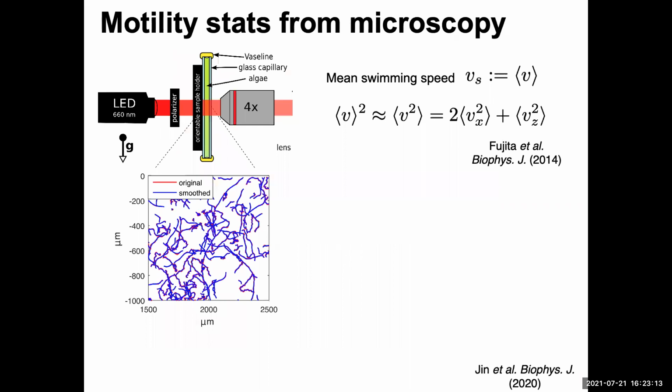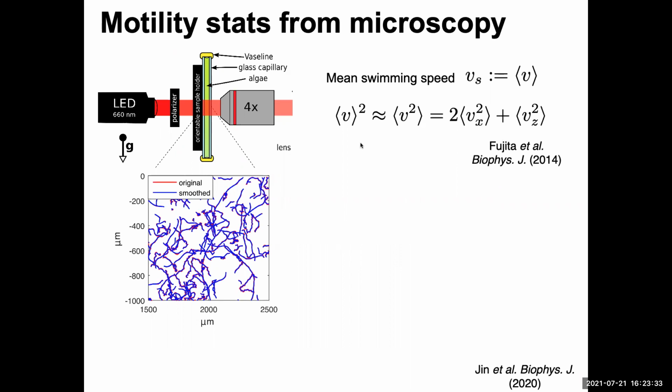So the motility statistics were acquired by using tracking microscopy. We didn't use differential dynamic microscopy or holographic microscopy, or one of these 3D techniques, for historical reasons.